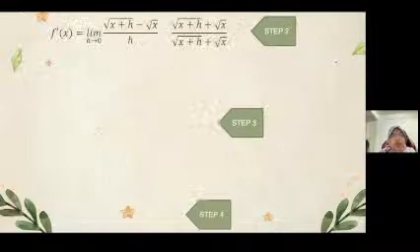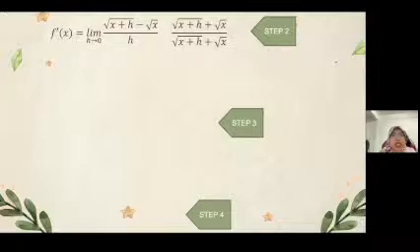So I will multiply with the square root of x+h plus square root of x over the square root of x+h plus square root of x. Okay, so similar thing to limit. If you have the conjugate, a function multiply with its own conjugate, then you expand. Otherwise, you just leave them inside a bracket.